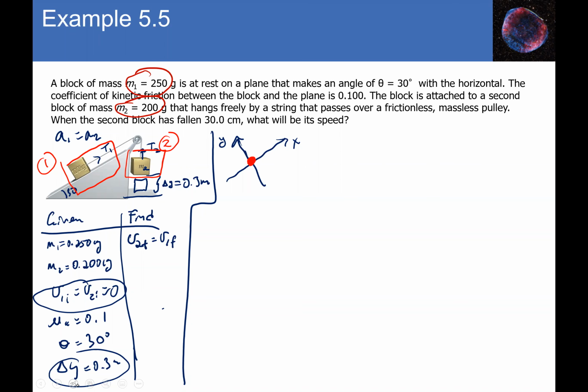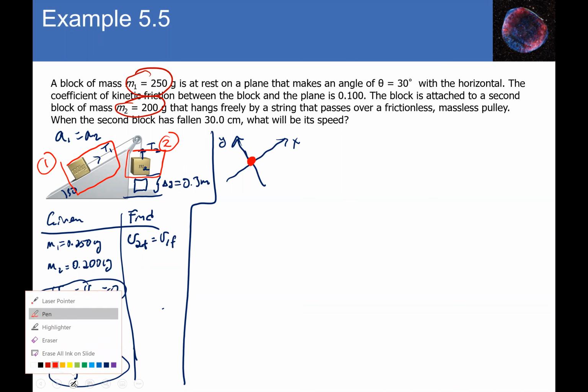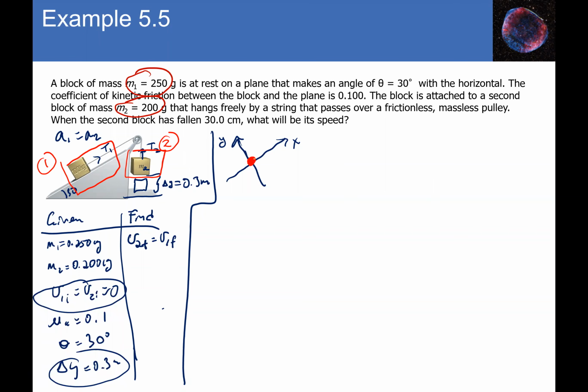Okay. So then what are the forces acting on this object? Well, there are two forces in the x direction, and that's tension and friction. Okay. And it's a kinetic friction. So those are two directly in the x direction. But then I also have a normal force up and gravity down. So this is basically F of g1.